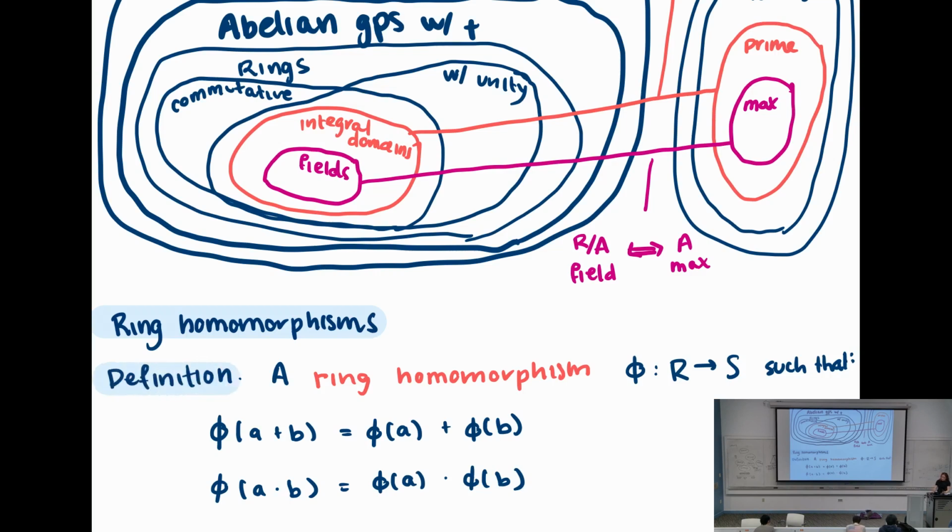And this is super common in math. So usually when you define some type of object that you're interested in, you'll also have an idea of a morphism between those types of objects. And typically you want the morphism to preserve whatever the structure is that you have. So in algebra, that's usually the operations, but in other types of math, there might be other structures that you want to preserve.